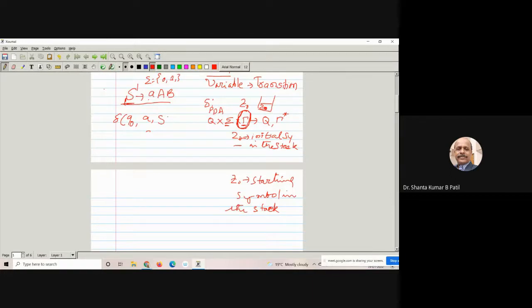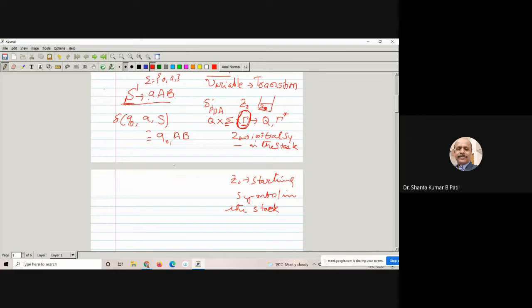Hence both are starting symbols. When productions are given, instead of Z naught you can take S. Therefore, delta of Q naught, a, S is equal to the output Q naught, and the stack symbols AB.